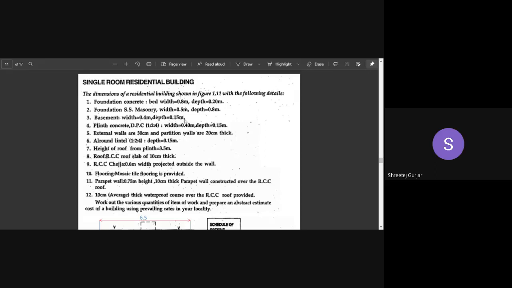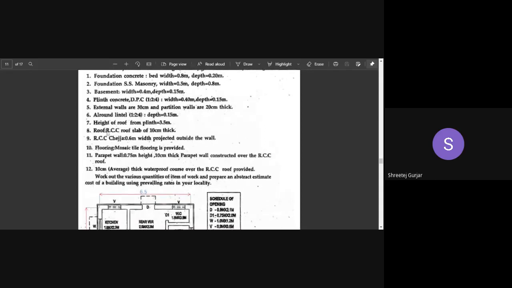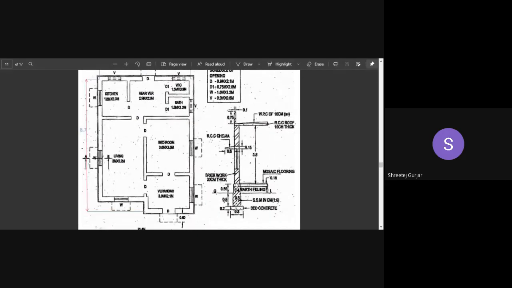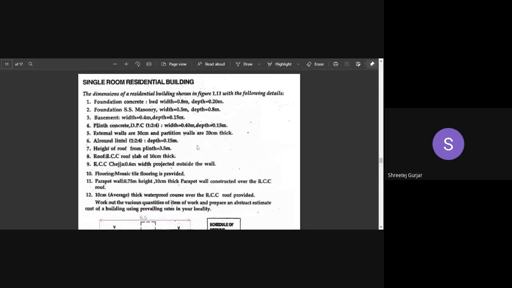Next, plinth concrete, the DPC, damp proof course. Width is 0.4 meter, and the thickness is 15 centimeters or 0.15.